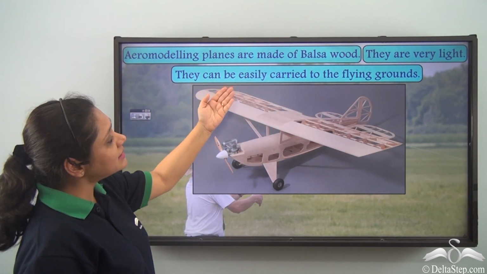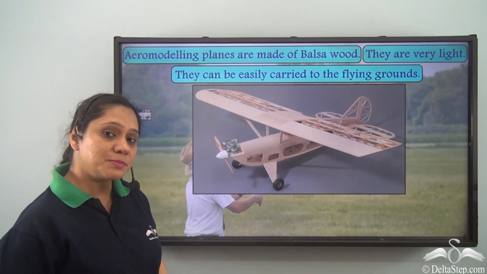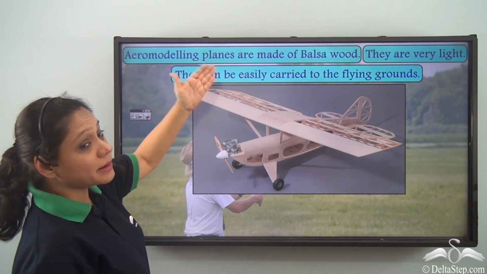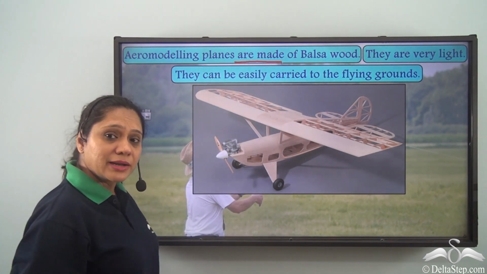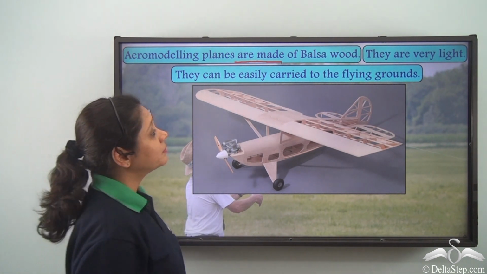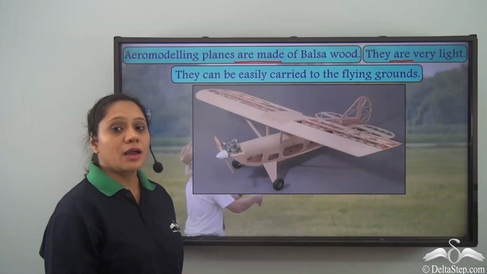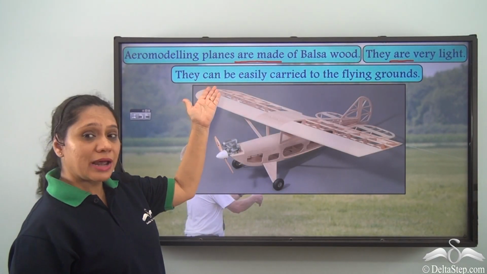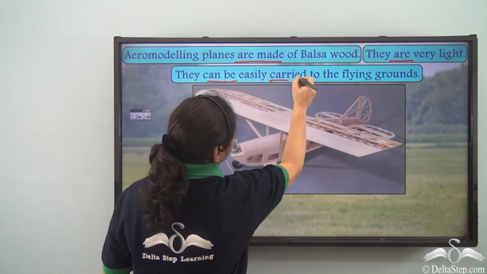They can be easily carried to the flying grounds. So what are our finite verbs here? Aeromodeling planes are made. So our first finite verb is are made. The second finite verb is are. And the finite verb in the final simple sentence is can be carried.